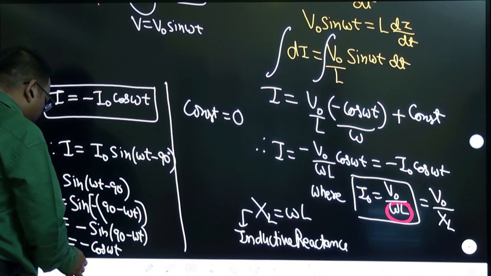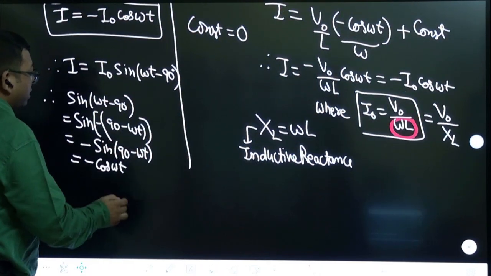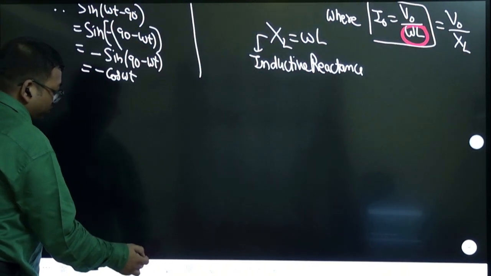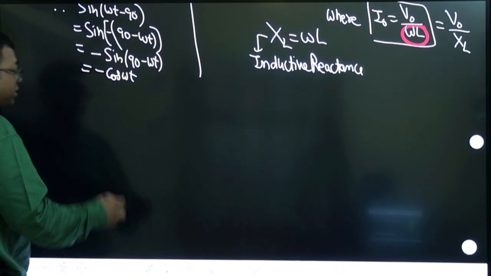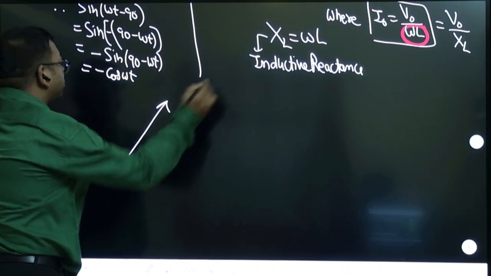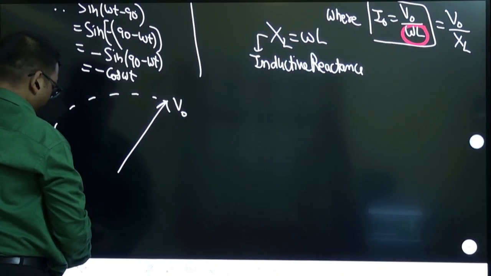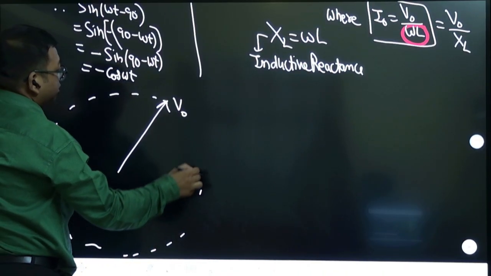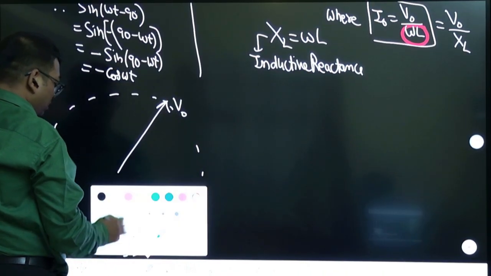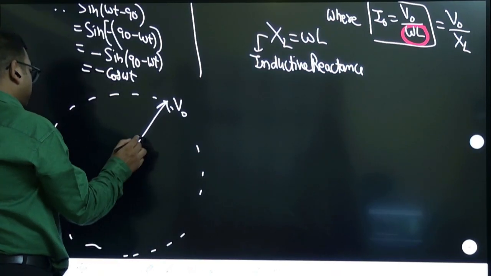Now here also we can try to draw the phasor diagram and the graph. Let us draw the phasor diagram. This is our voltage phasor, drawn with the voltage circle, and the current will be a small circle.